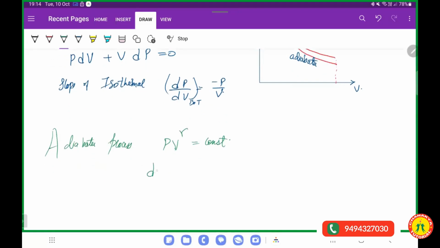In the same way, if we differentiate, we'll get dP by dV equals minus gamma P by V.